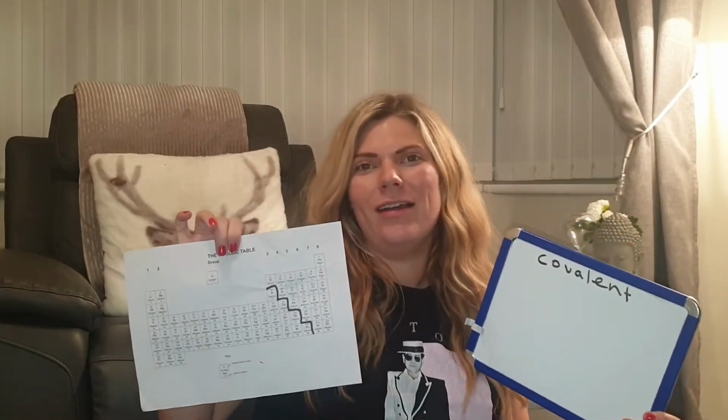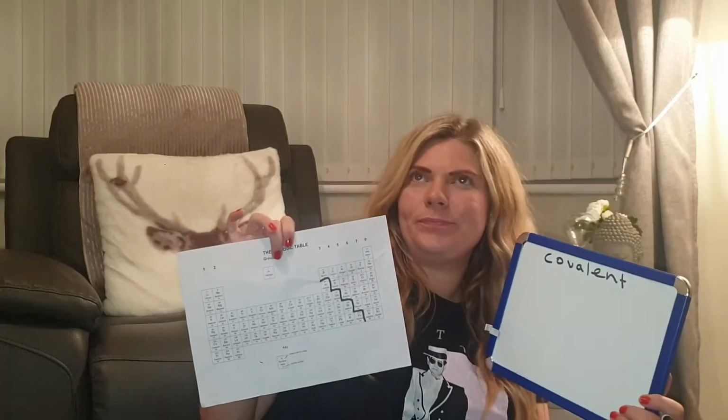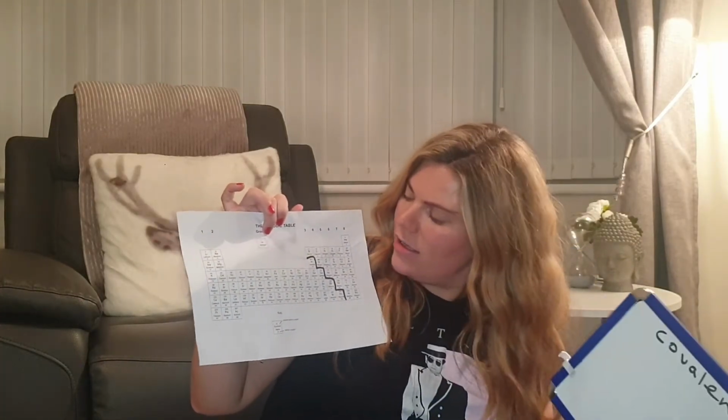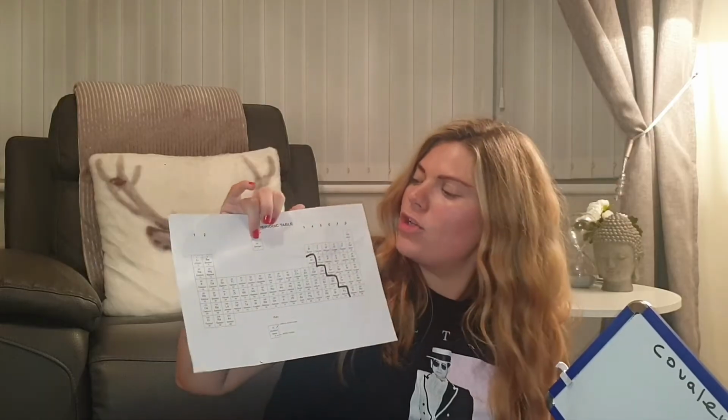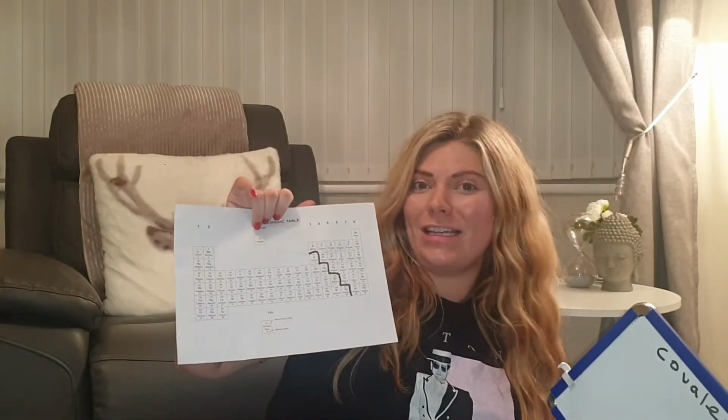It's not going to ask things like iron, because that's in the middle section here in the transition metals. But use a periodic table to double check whether things are metals and non-metals, and always remember that hydrogen at the top is a non-metal. So it happens between non-metals, so we don't have ions here.